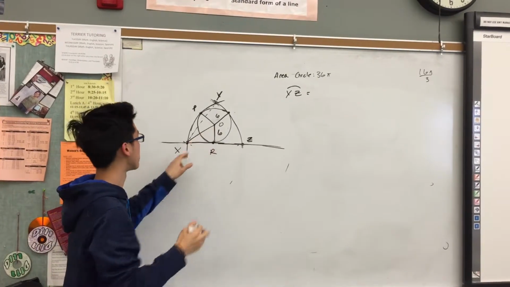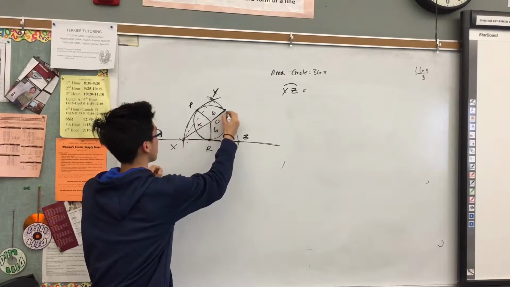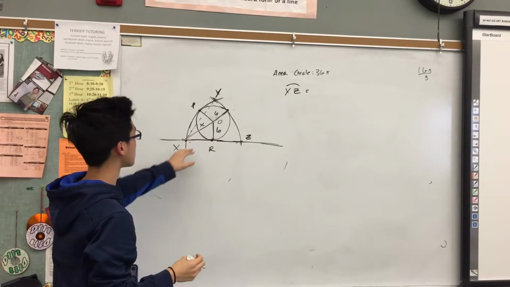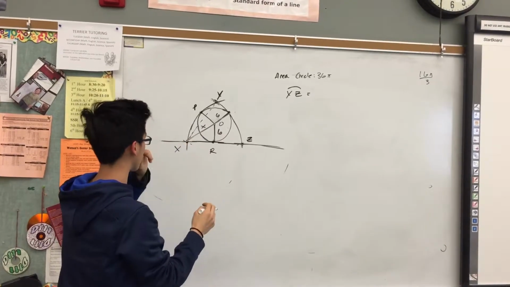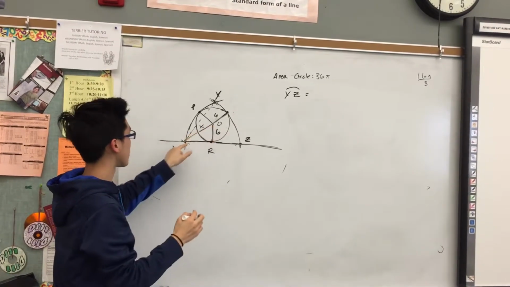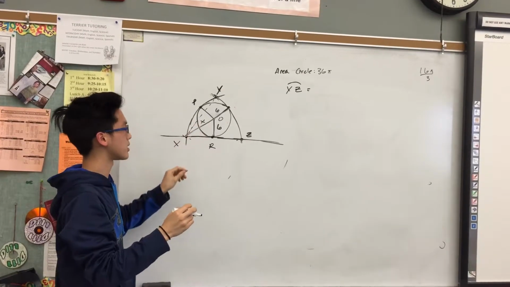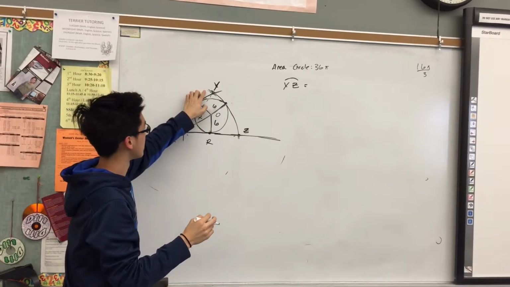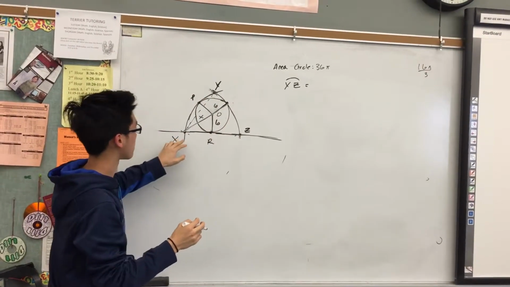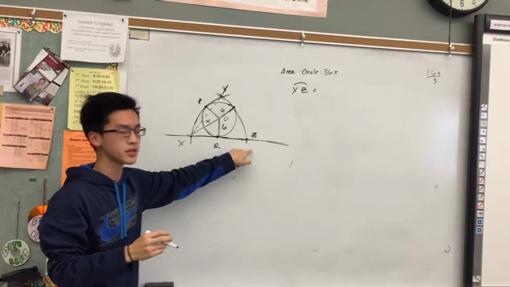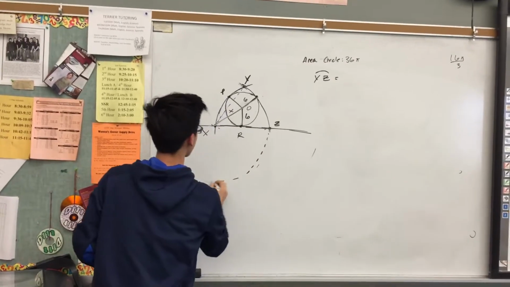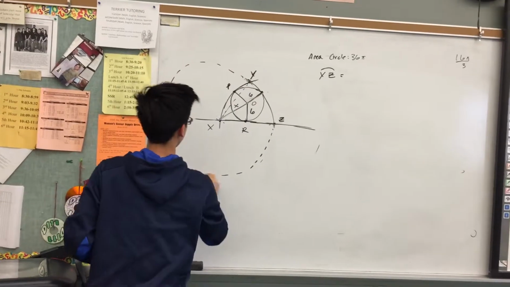If we label OX as x, the first thing to also know is that because these are sectors, and the problem gave us that X and Z were centers, we can continue the circle right here, provide us more insight.